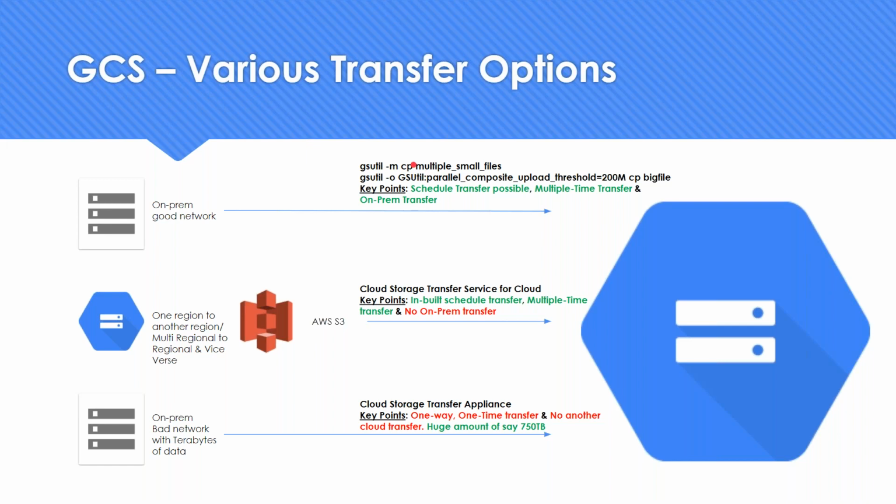If you were to copy multiple small files, you do -m cp of the small files, and it's always preferred to compress the files and do it. Say, for example, every day it's going to generate one text file. In a month it's going to be 30 files, and in a year it's going to be 365 files.